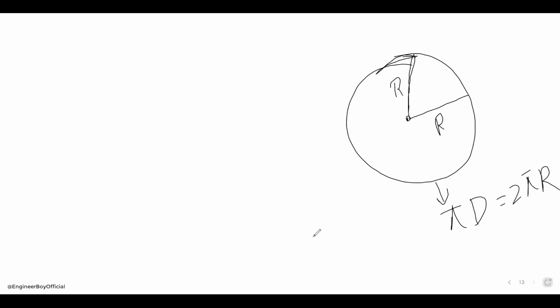Now if we have an angle over here, let's say that is alpha, you can also annotate that with theta, no problem. If I need to determine this distance, this length should be alpha times the radius. That's very simple.